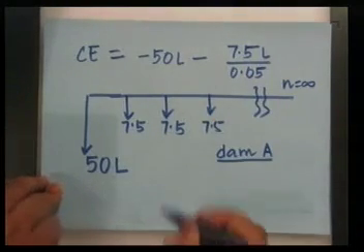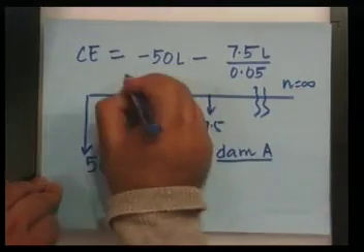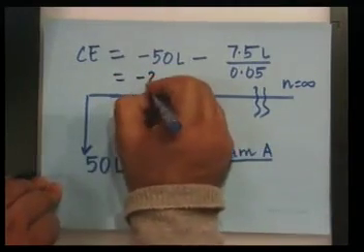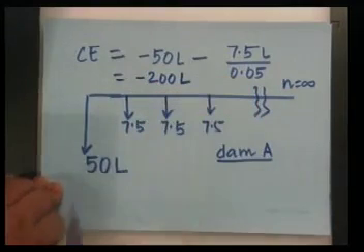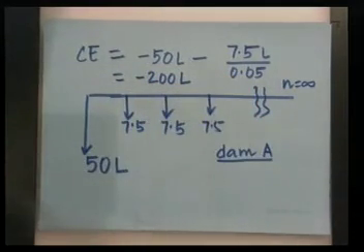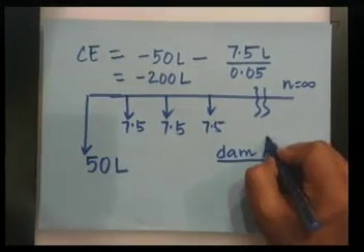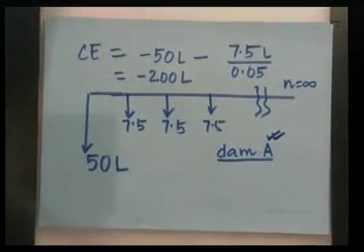And you will find that this comes equal to minus 200 lakhs. Forget about the negative sign, it only indicates that it is going out of your pocket. So, your total cost liability, if you go for this design, would be 200 lakhs.